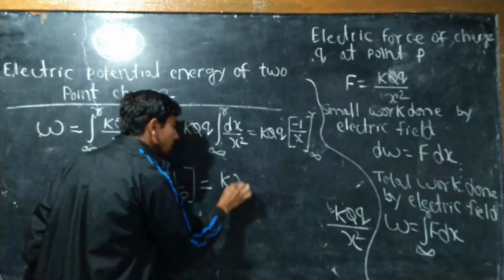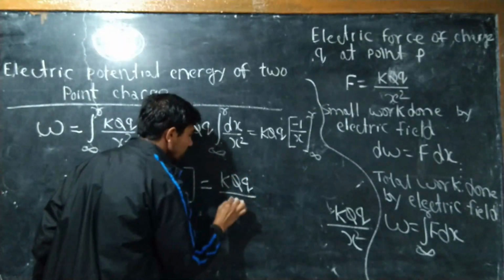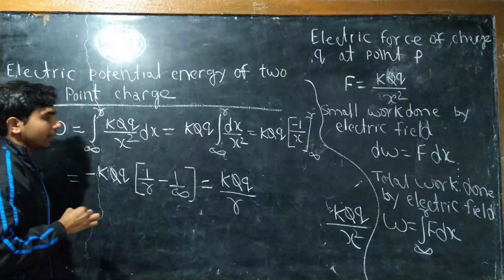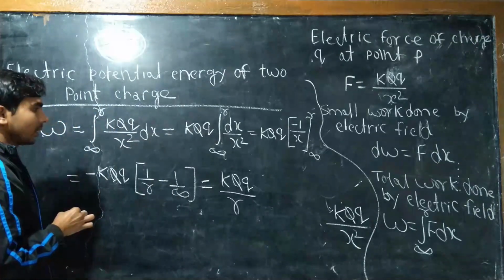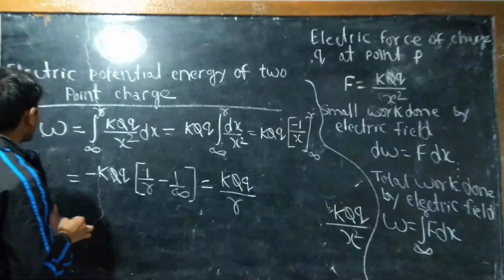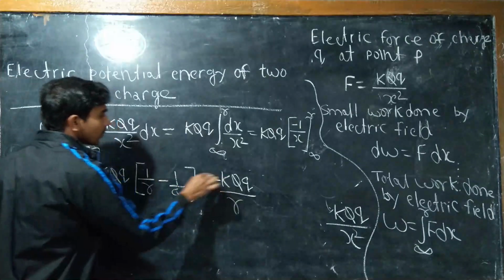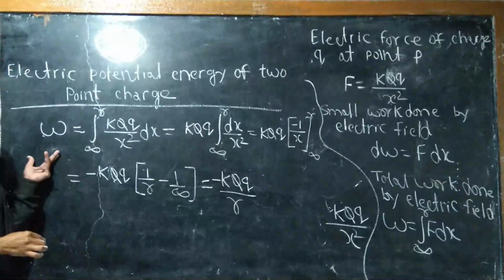So what value is coming? Minus KQ by R. This is the work done by the electric field.